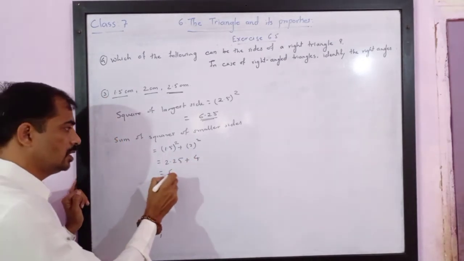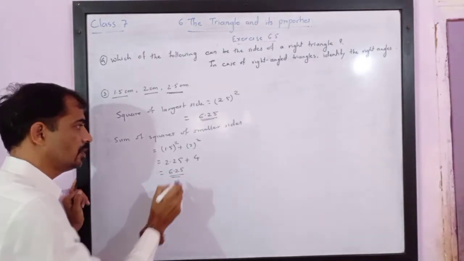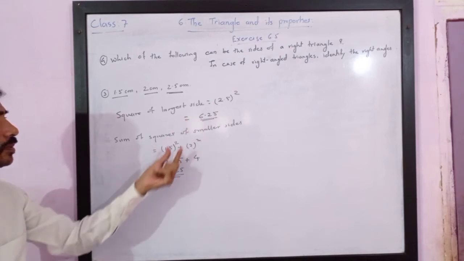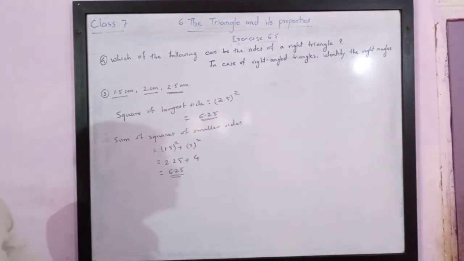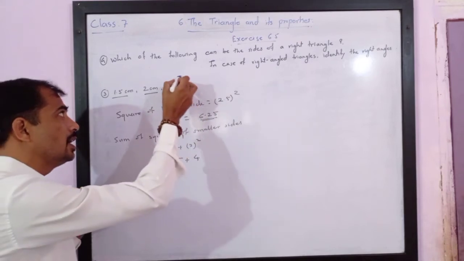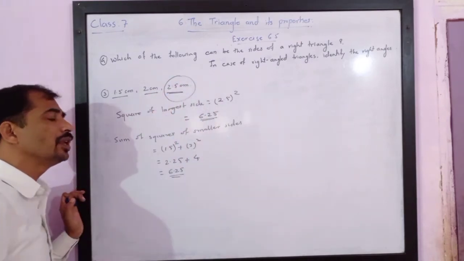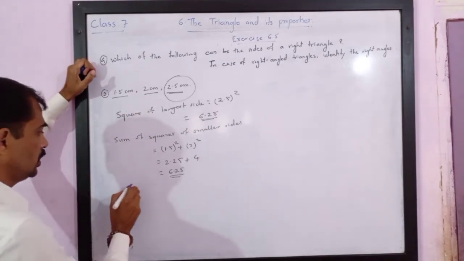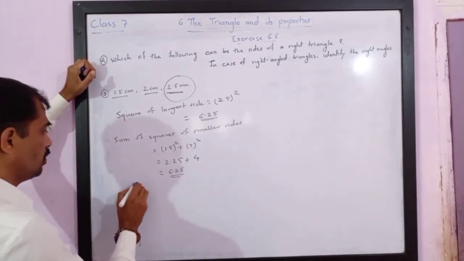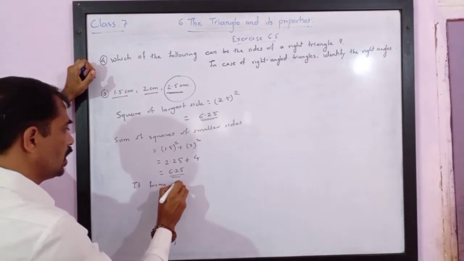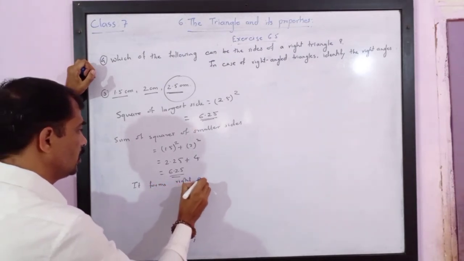You will get 6.25. Now watch carefully. Both answers are same. So this will form a right angle triangle, and the angle opposite to the largest side will be a right angle. So here it forms a right angled triangle.